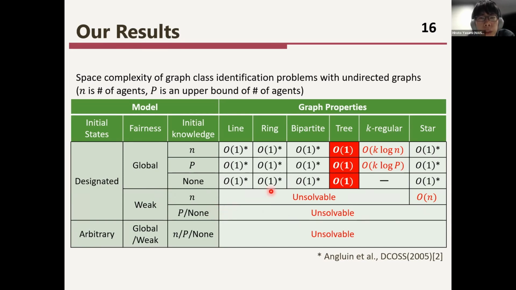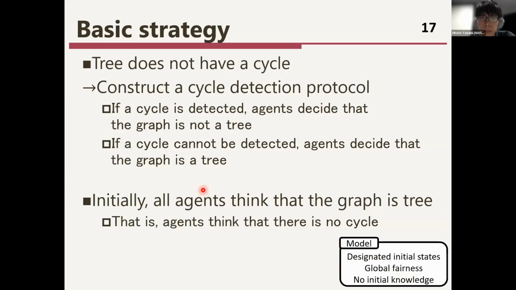Due to time constraints, I'll just explain one protocol. That is the 3 identification protocol with order 1 states that works with designated initial states under global fairness with no initial knowledge. First, I'll explain the basic strategy of the protocol.